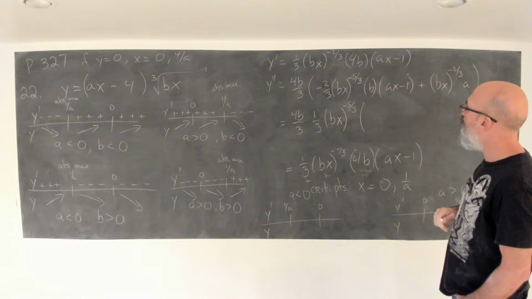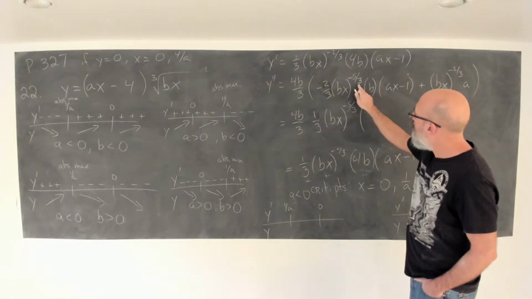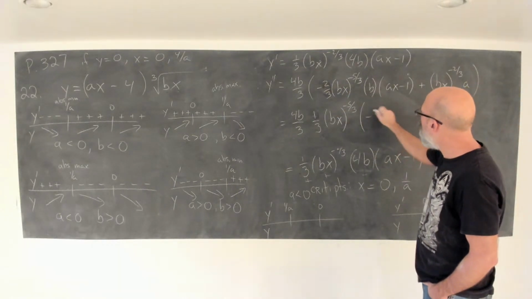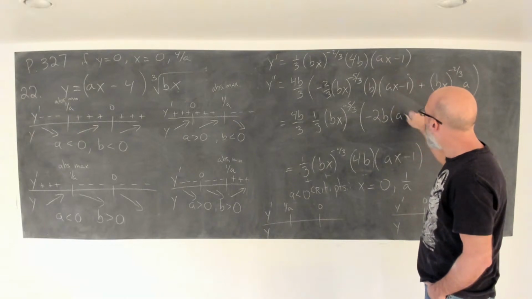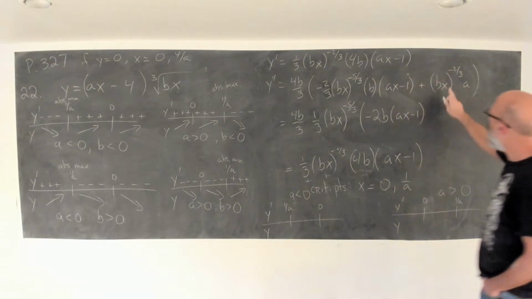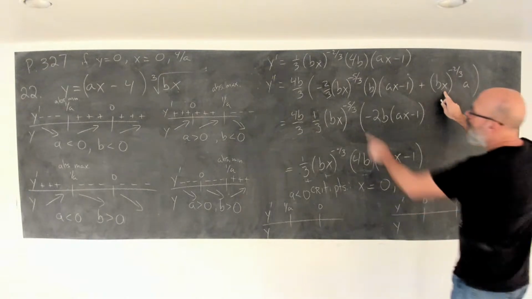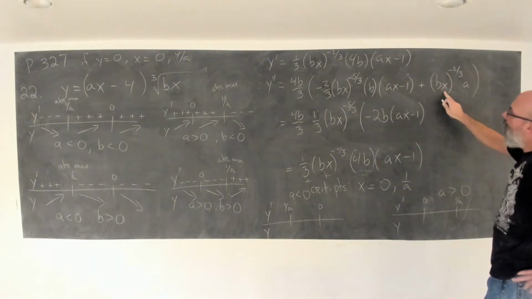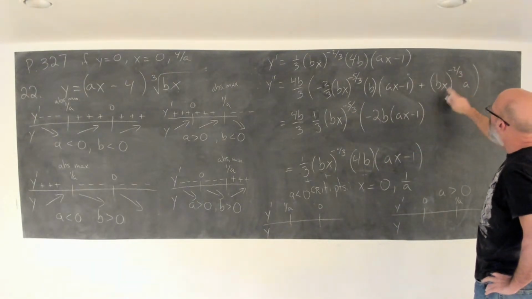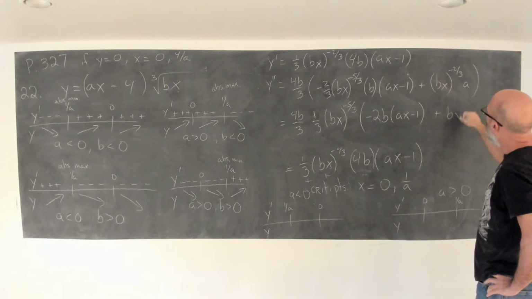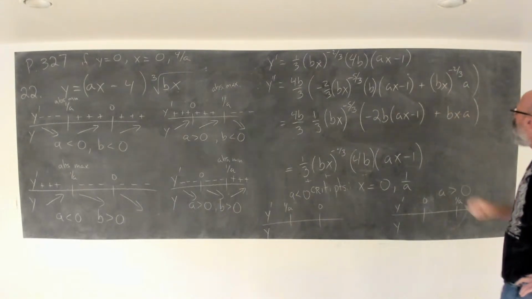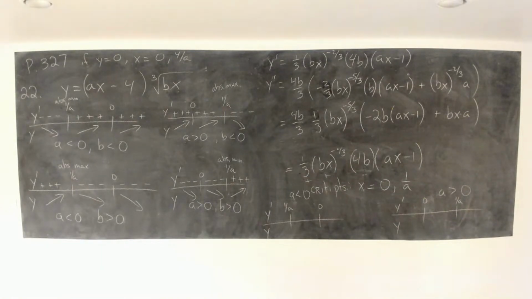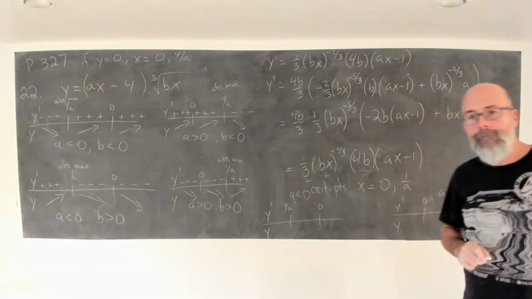What does that leave us with? This is gone, the 3 is gone, so I've got a minus 2b ax minus 1. I took minus 5/3 out of there, so I'm left with 1. There it is.